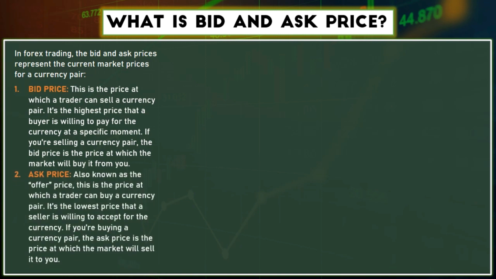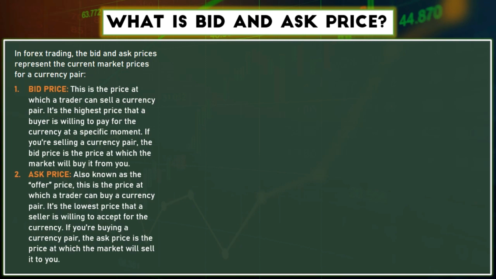Then the ask price, also known as the offer price. This is the price at which a trader can buy a currency pair. So you can see the difference between the bid and ask price now.